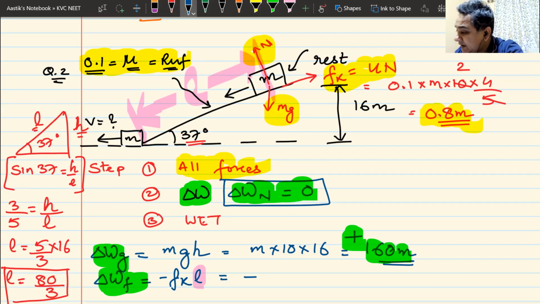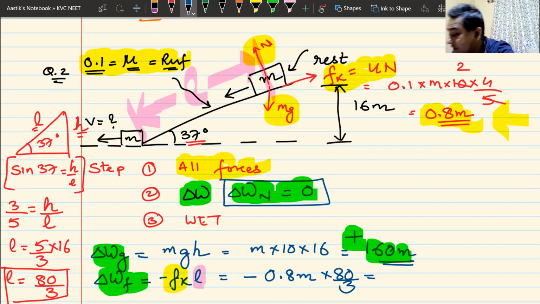What next, I just move forward. So I put a minus sign. The value of frictional force, as you can all see, Fk is here 0.8 m. So I'll just put the value 0.8 m multiplied by 80 by 3, and that is the work done by friction.